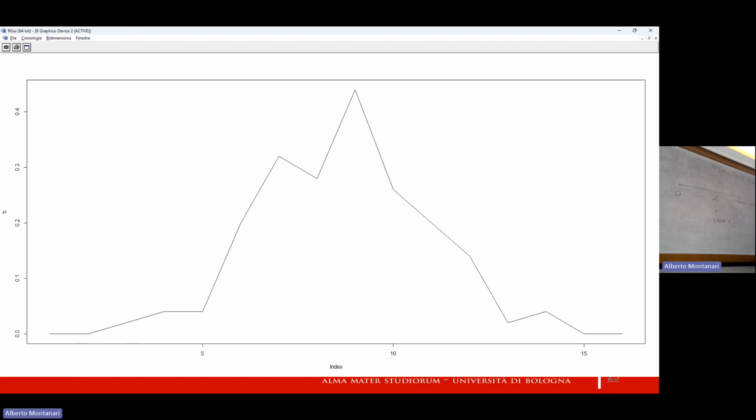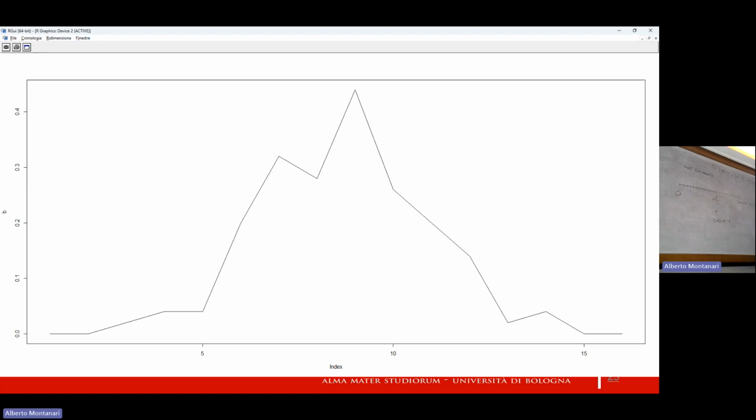Okay, so how can I estimate the probability of, let's say, not exceedance? I prefer to talk about the probability of not exceedance because usually this is the probability that is estimated. And then if you're interested in the probability of exceedance, you just compute the complement to 1. Now, let's suppose that I know the probability density for each interval.